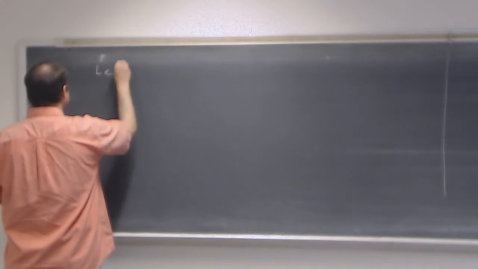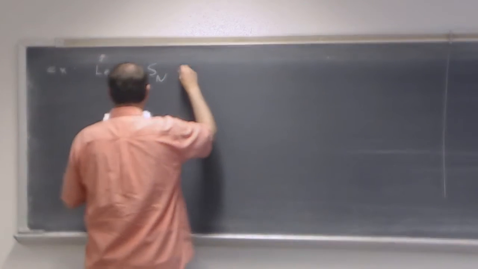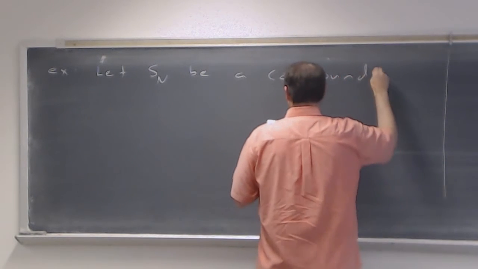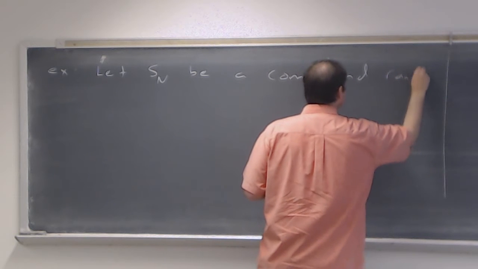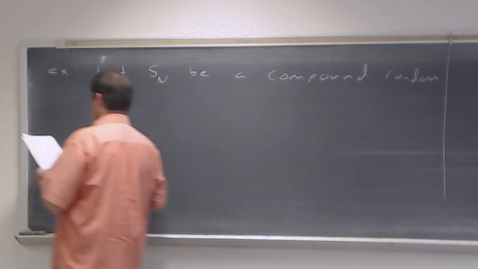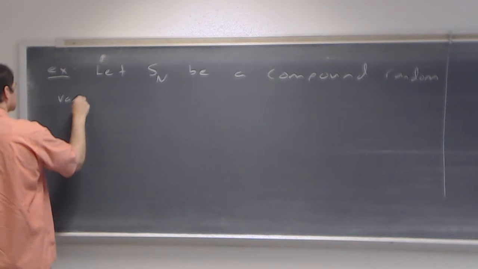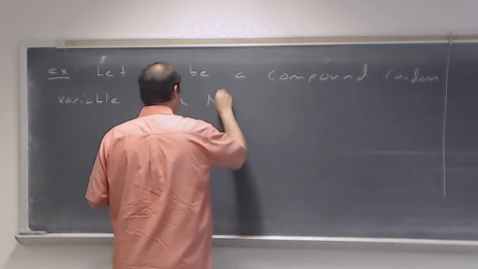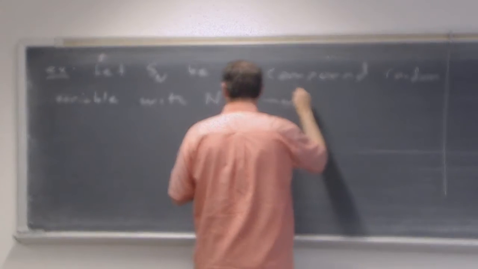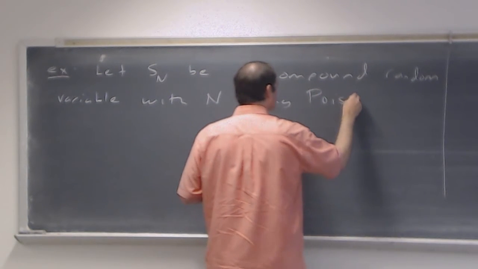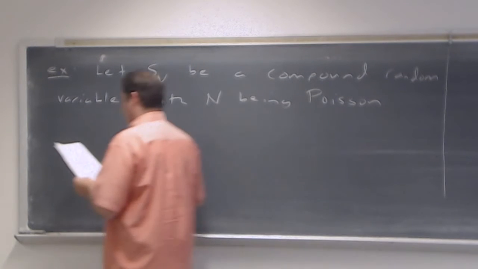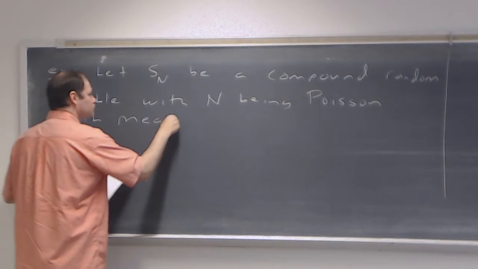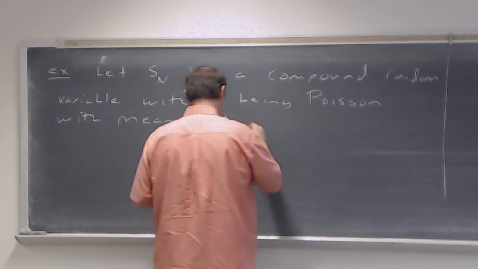Let S of N be a compound random variable with N being Poisson with mean lambda equal to 4.